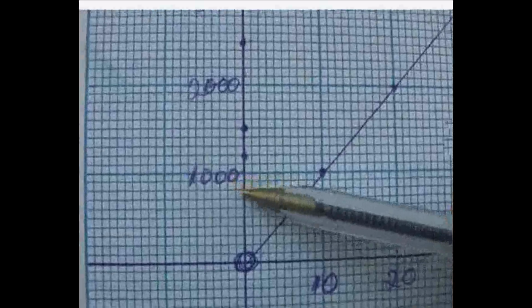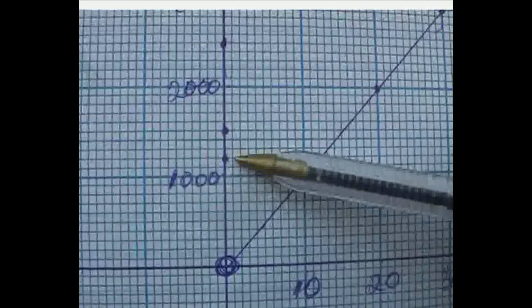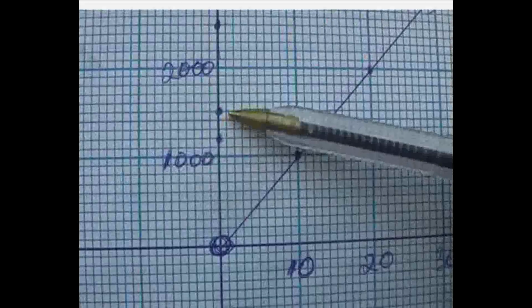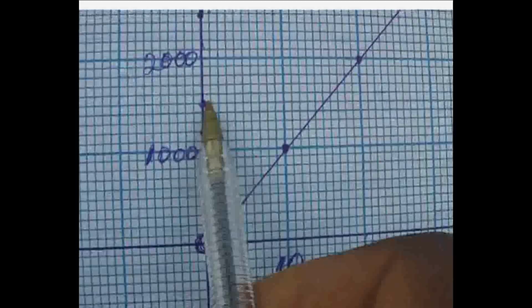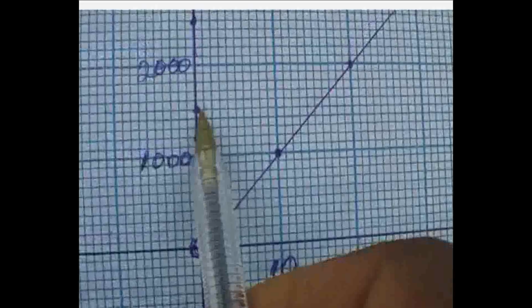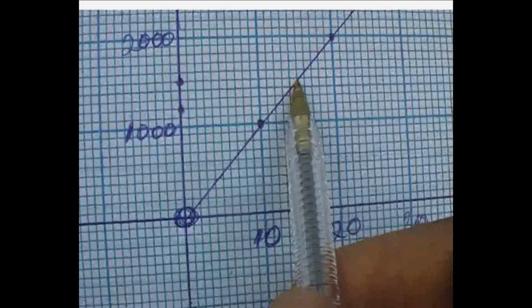So come to where you have 1,005. This is 1,000. That means this is 1,100, 1,200, 1,300, 1,400, 1,500. The place we have put our dot before. So from there, trace the line. From this point now of 1,500, trace the line. Wherever it meets the straight line you joined, trace down. So we're going to trace the line. It meets it here.